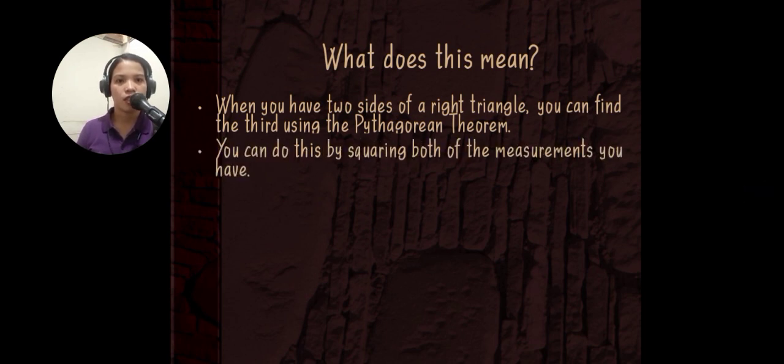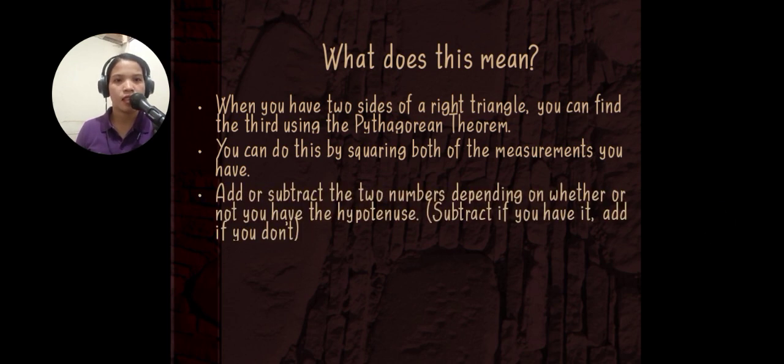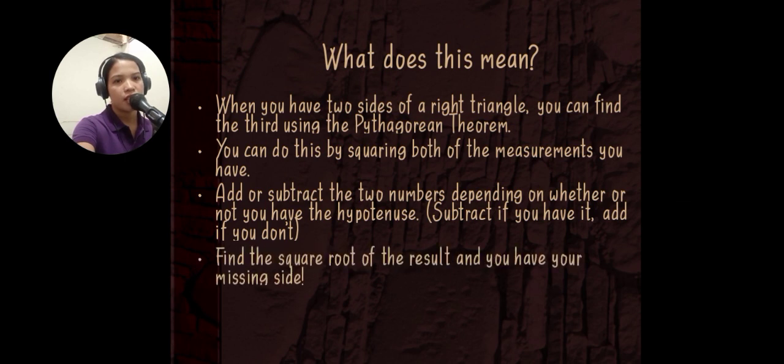You do this by squaring both of the measurements you have, and then add or subtract the two numbers depending on whether or not you have the hypotenuse. Subtract if you have it. Add if you don't. Find the square root of the result and you have your missing side.